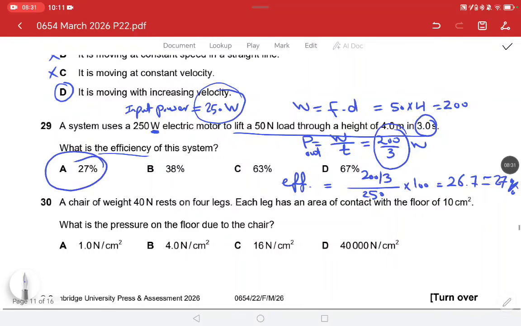So this will lead us to another important note, that you should know all formulas. You should know them very well, and you should write them in a triangle to make it easy for yourself. So you should know the formula for work, the formula for the power, the formula for efficiency.